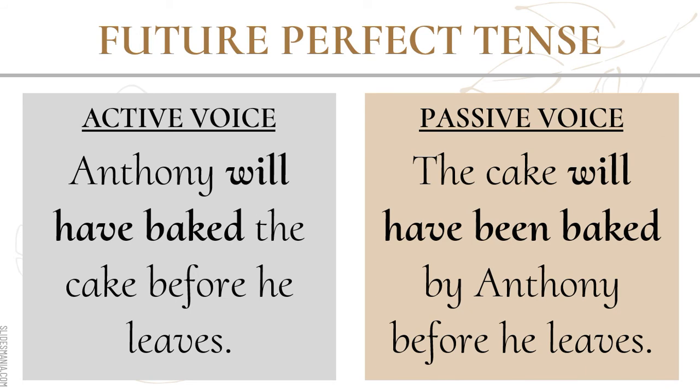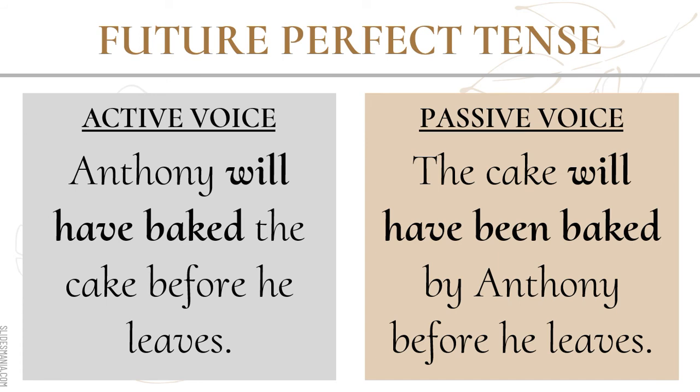For the future perfect tense, active voice, example, we have Anthony will have baked the cake before he leaves. Okay, the name Anthony is your subject. Anthony is the doer of the action, therefore it is in active voice.